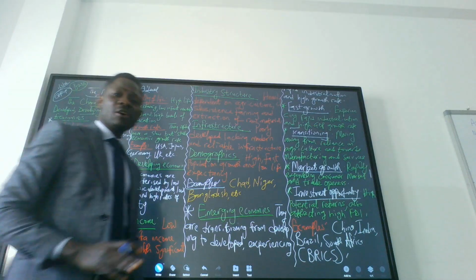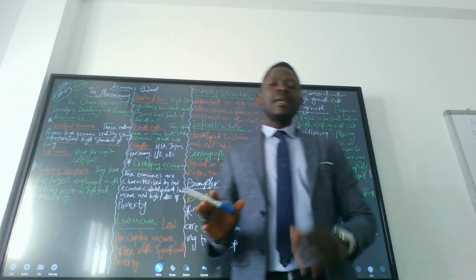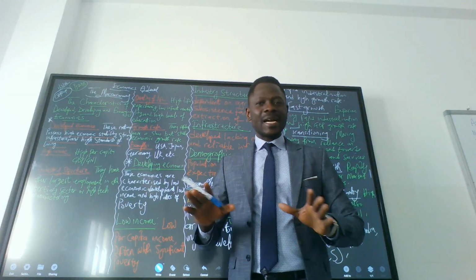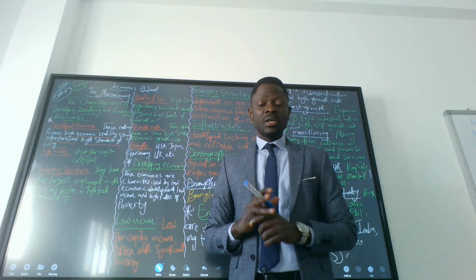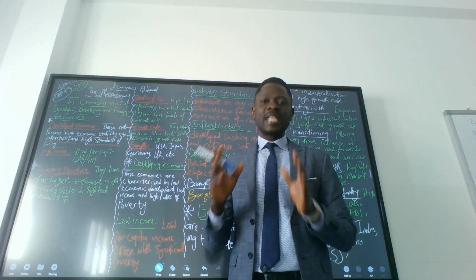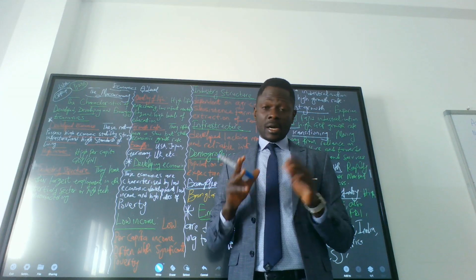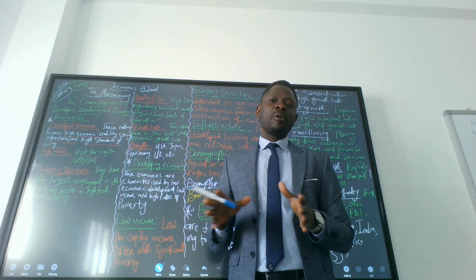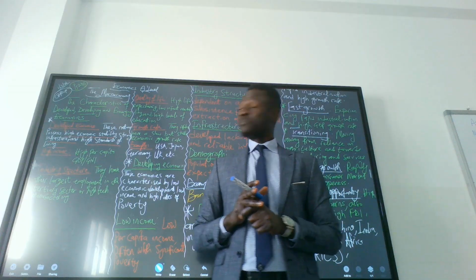So we call them developed economies because they mostly have a better improved infrastructure. They are stable when it comes to economic situation. They are stable, and their employment is mostly in the service sector.